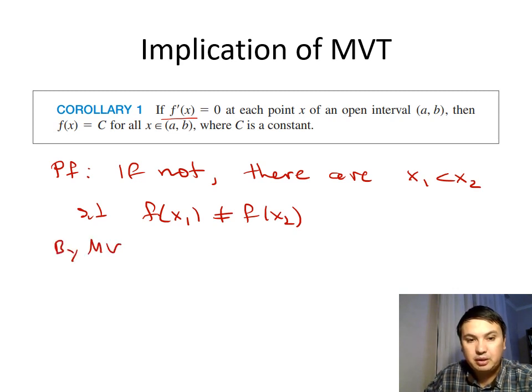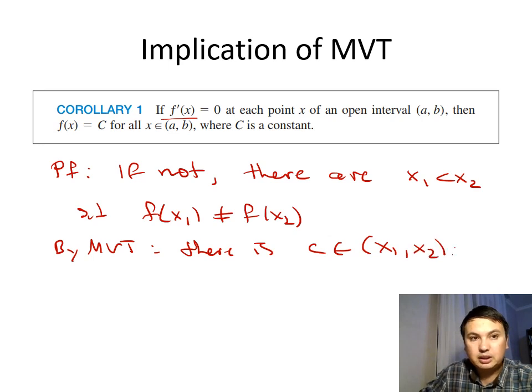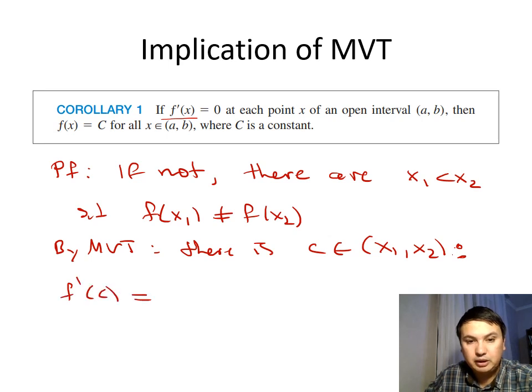By the mean value theorem, there is a c inside the interval x1, x2 such that f prime of c is equal to f of x2 minus f of x1 divided by x2 minus x1.